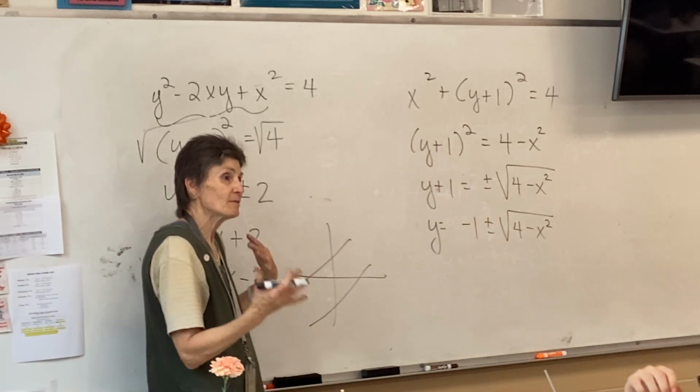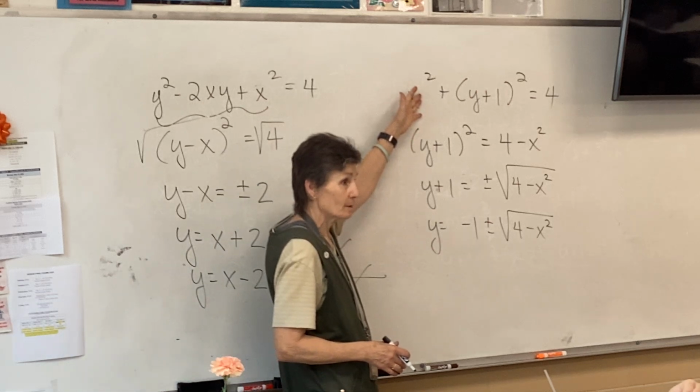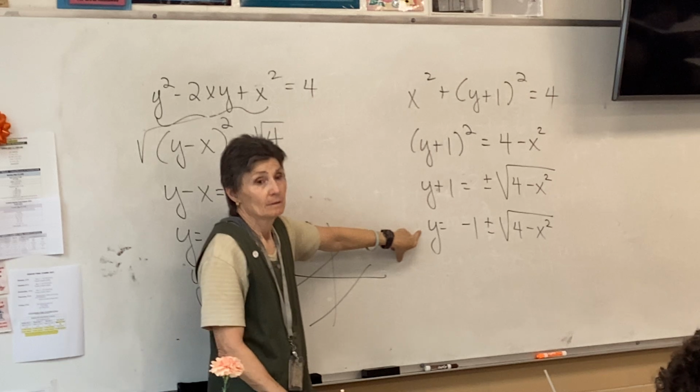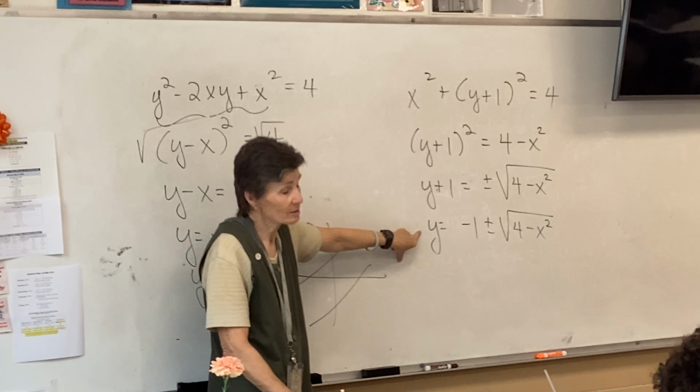You don't need to graph this one, but if you did, it would be another circle. This is what I got for my implicit functions.